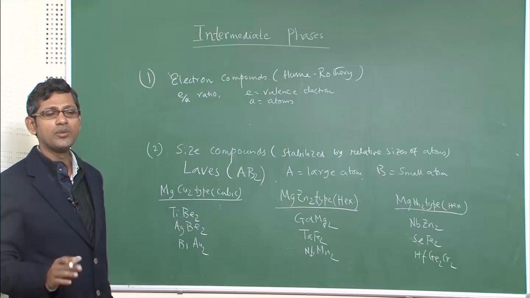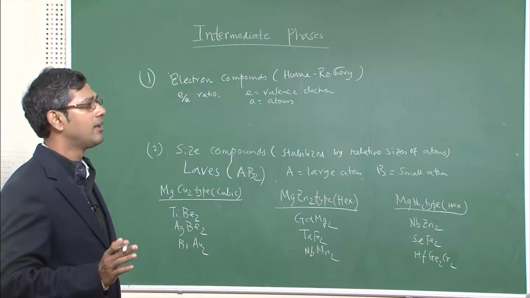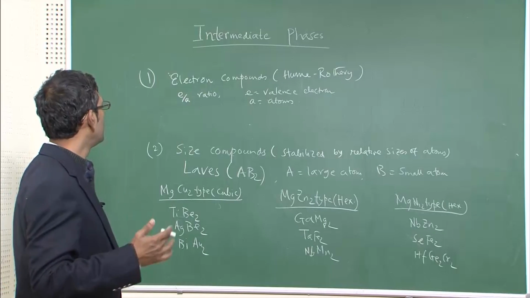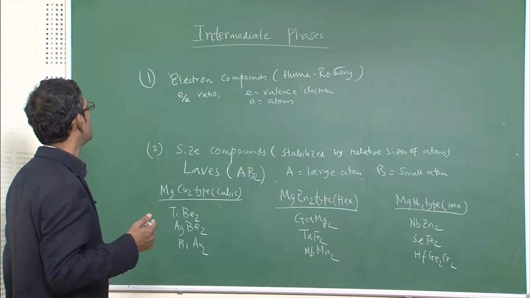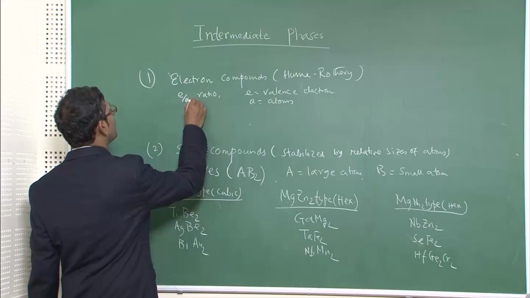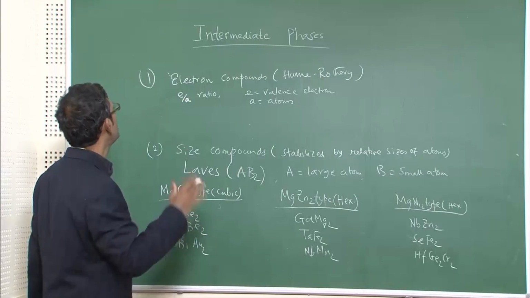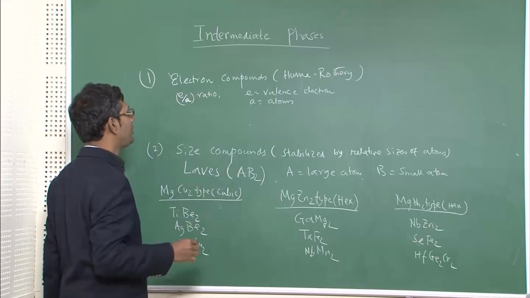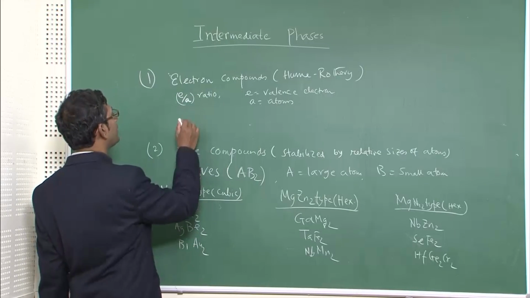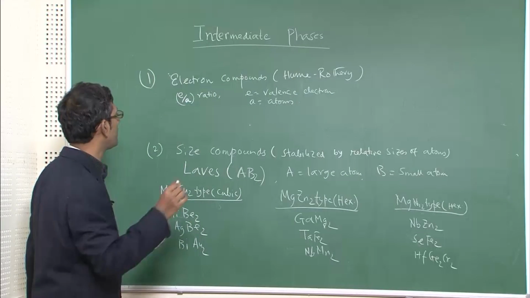It is not easy to explain this. This basically depends on the Brillouin zone and the interaction between the Brillouin zone and the outer electron surface, many things, but I am not going into the details of that. This is mostly stabilized by the E by A ratio, and there are only 3 ratios at which these compounds are stabilized.